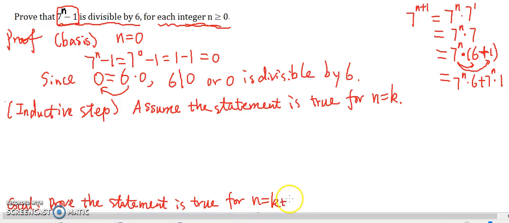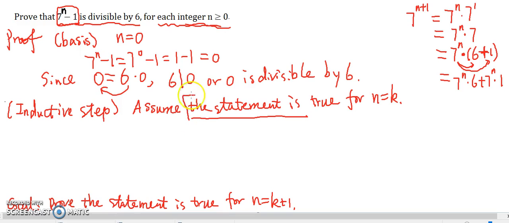So it's like proving a conditional statement: if the statement is true for n equal to k, then the statement is true for n equal to k plus 1. So what is the statement if n equals k?